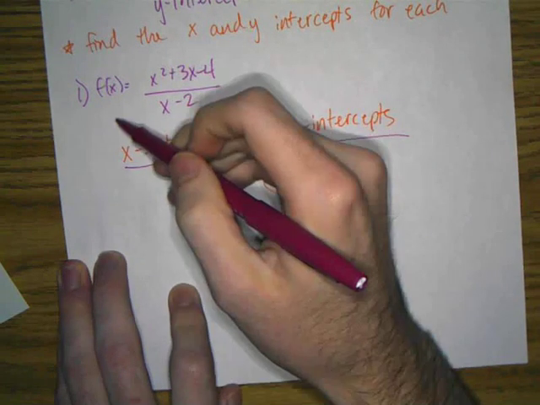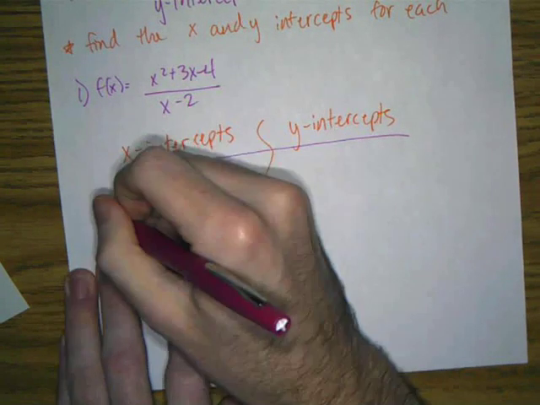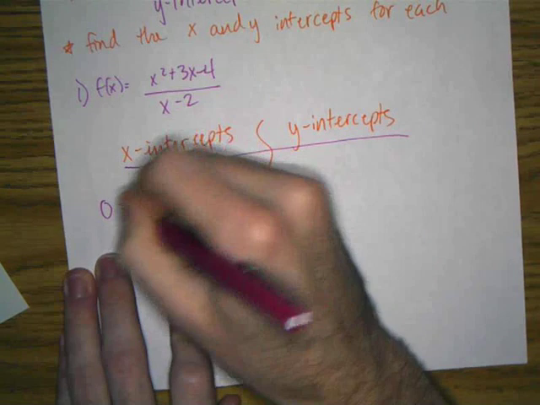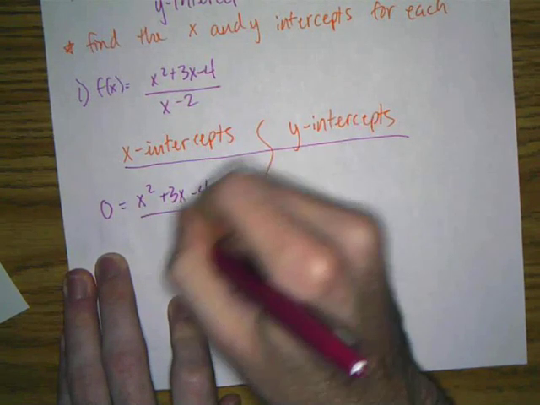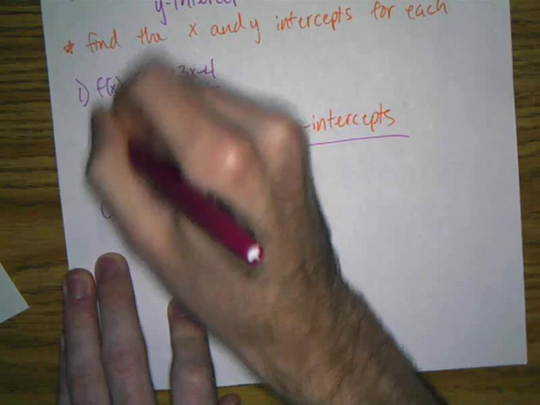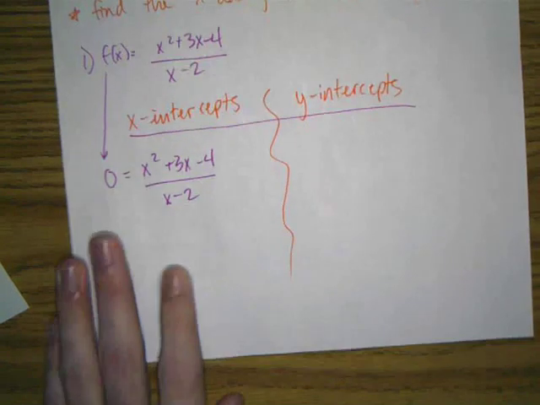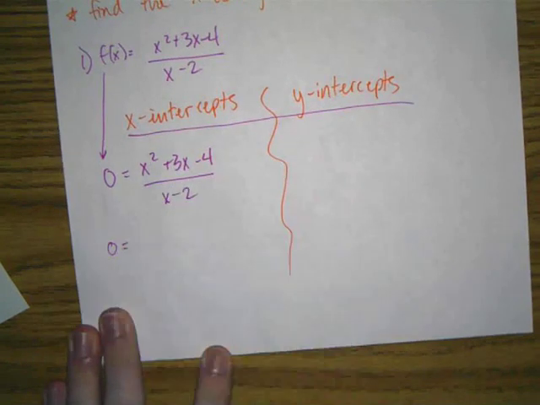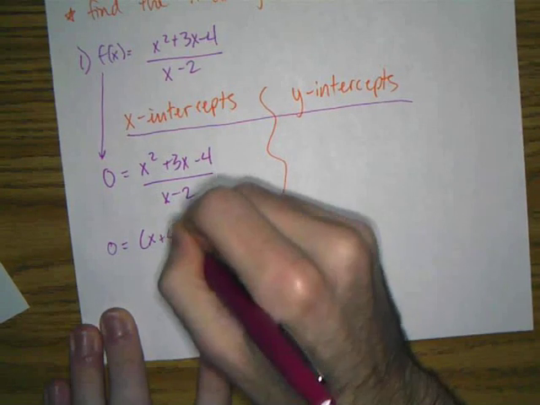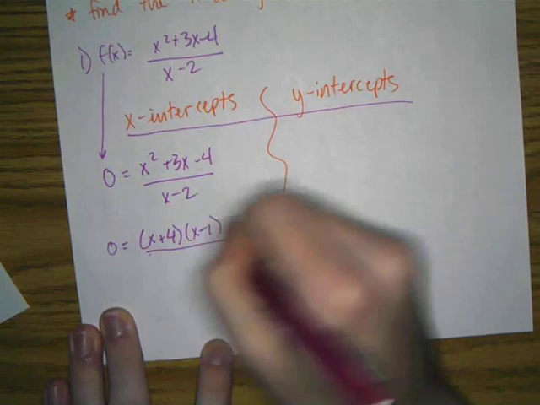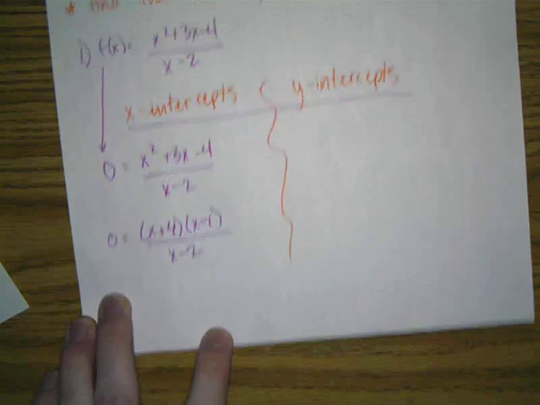So f of x, remember f of x is the same thing as y. So I'm going to say 0 is equal to x squared plus 3x minus 4 over x minus 2. Okay. I can factor this numerator into x plus 4 times x minus 1 over x minus 2.